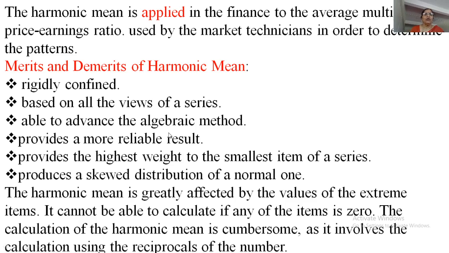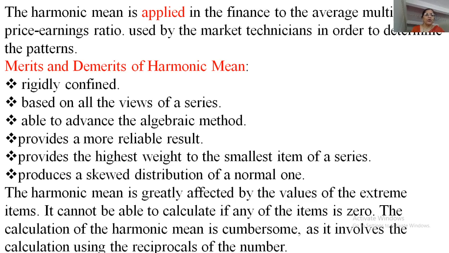Now I will discuss some merits and demerits of harmonic mean. So the first thing is that it is rigidly defined, that is, defined with the help of a mathematical formula. Further, it is based on all observations, and we can compute it with the help of an algebraic formula. Further, the harmonic mean always provides reliable results about the center of the data set.